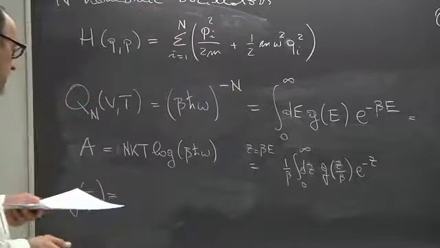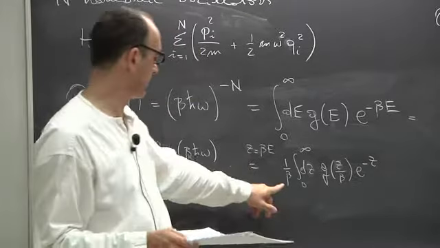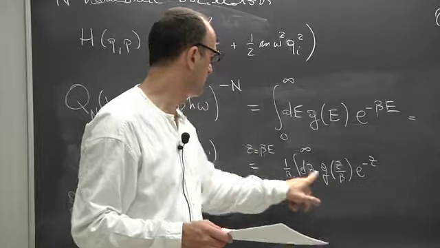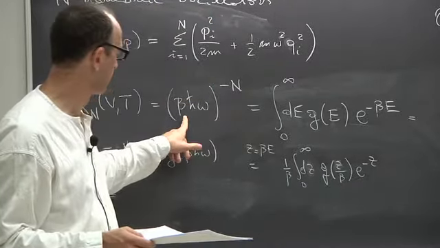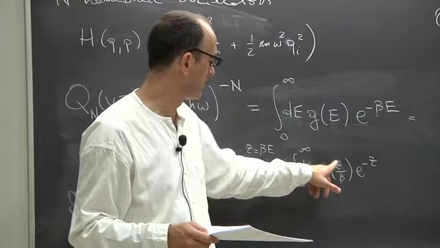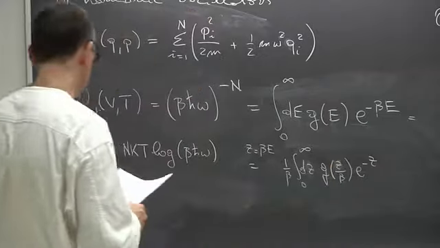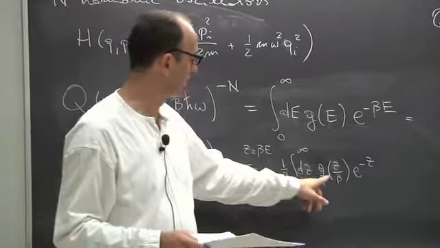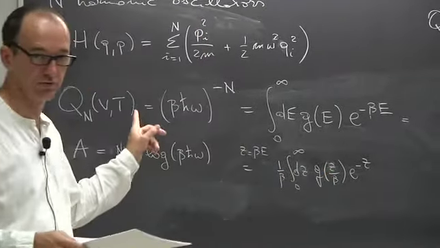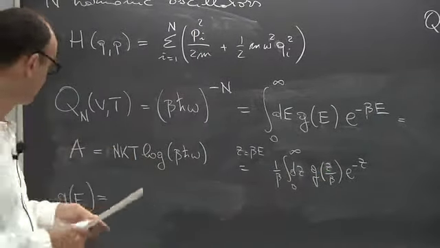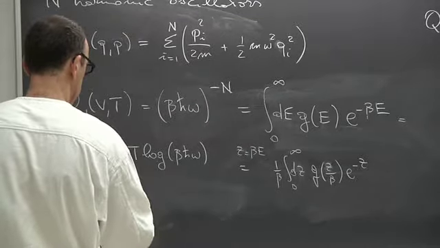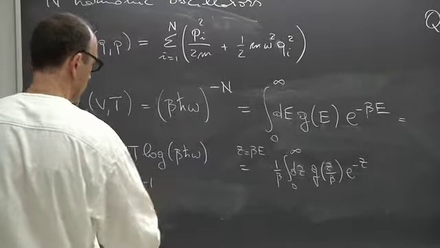And now you see that if you want to match the behavior of this integral with beta, then you have to assume that g of E is proportional to E to the n minus 1.